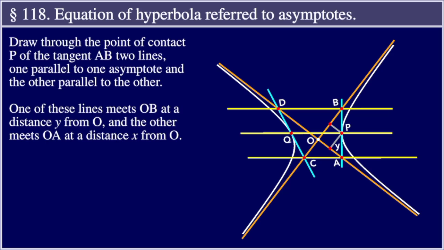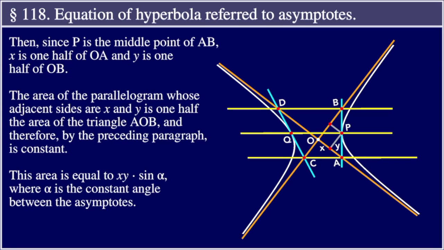One of these lines meets OB at a distance y from O. The other meets OA at a distance x from O. Then, since P is the middle point of AB, x is 1/2 of OA and y is 1/2 of OB. The area of the parallelogram whose adjacent sides are x and y is 1/2 the area of the triangle AOB, and therefore, by the preceding paragraph, is constant.